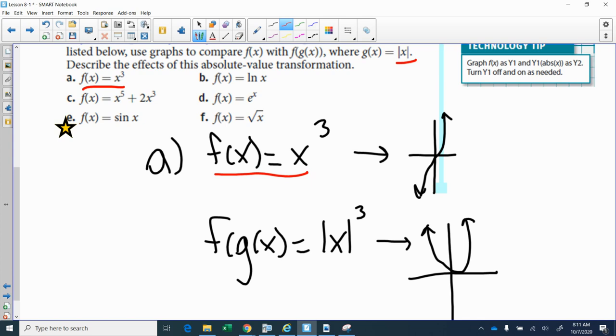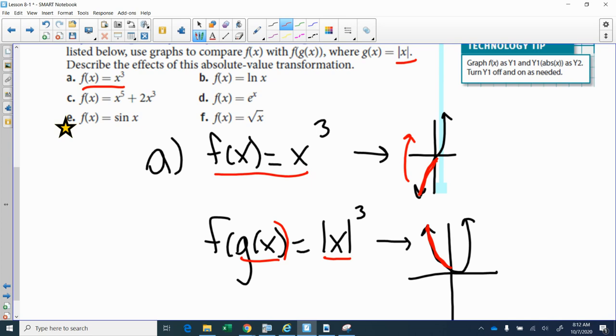But if I were to plug my g of x in, then all these negative values are just going to flip and become positive values now. Okay? Notice how the absolute value of x cubed almost turns into a quadratic function, just because it flips only that side. It's not going to affect the positive side, but it will affect the negative side.